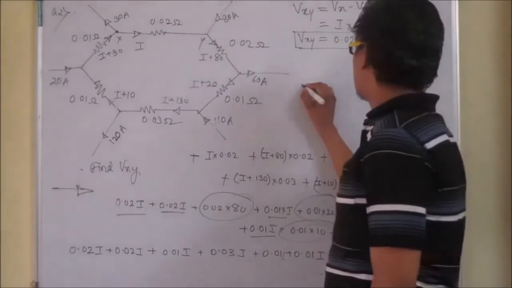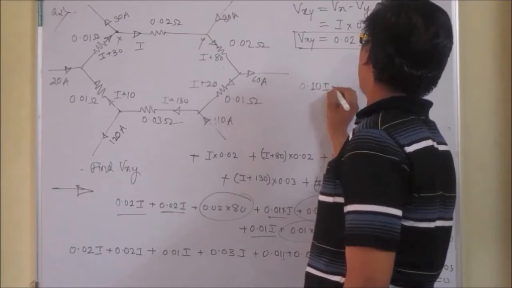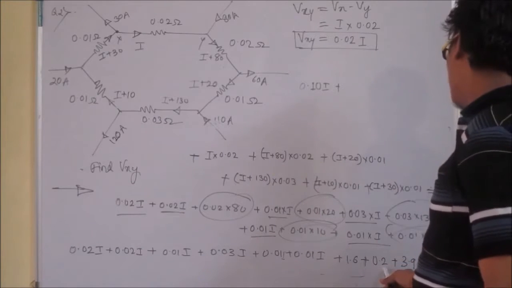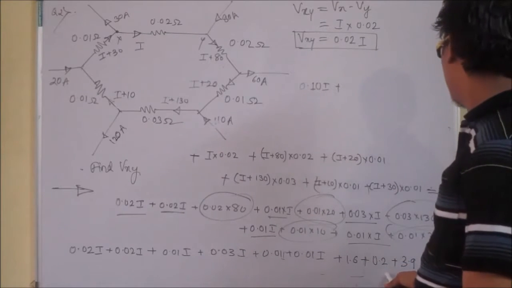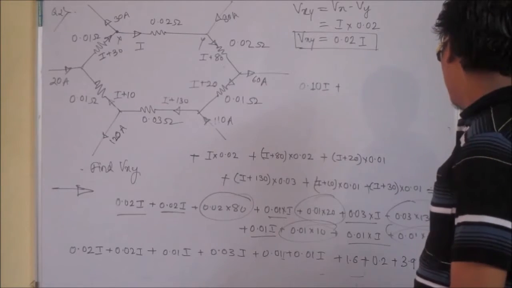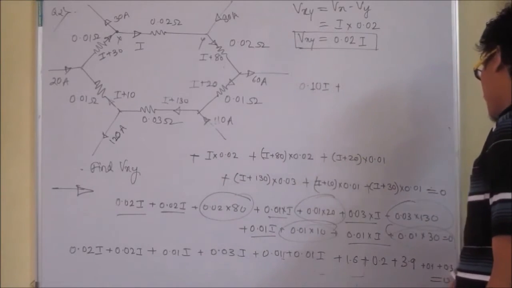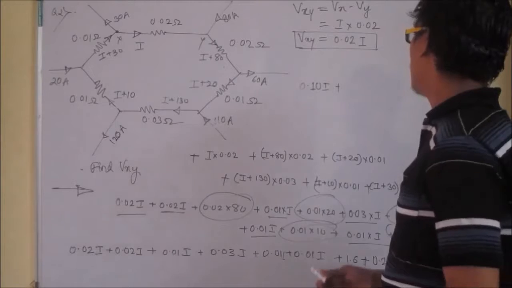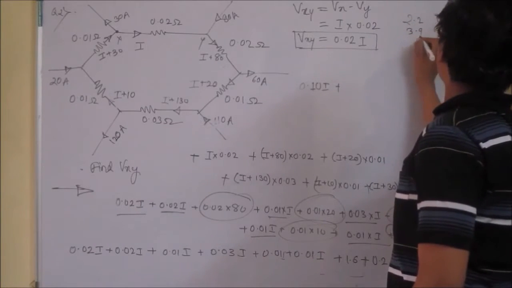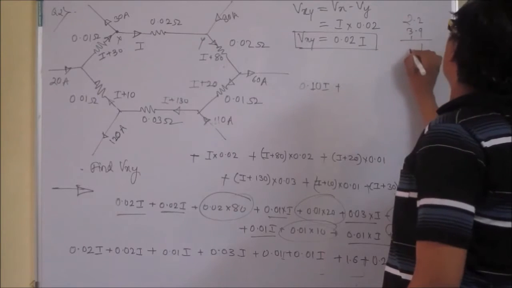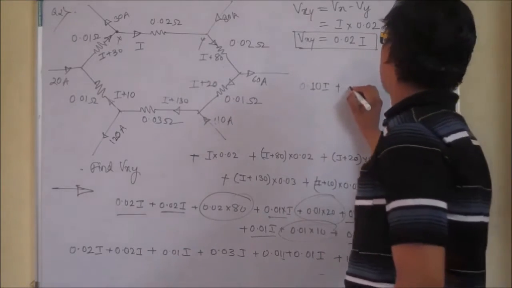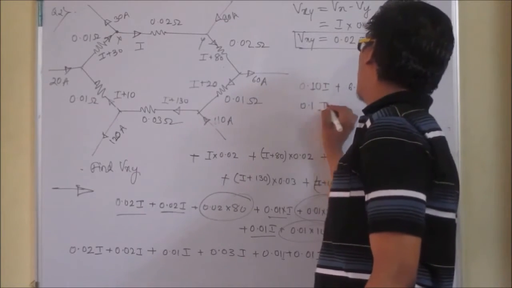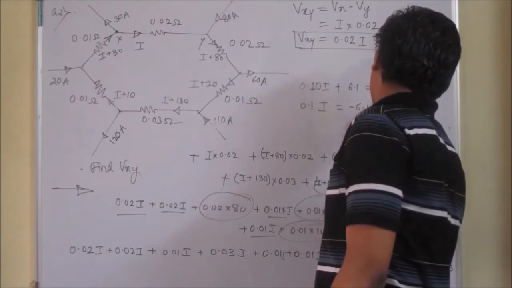So this is 0.10 I plus, what are these values again, 1.6 plus 0.2, 1.8, 1.8 plus 0.1, 1.9 plus 0.3, 2.2, 2.2 plus 3.9, 6.1. That is 0.1 I is equal to minus 6.1.